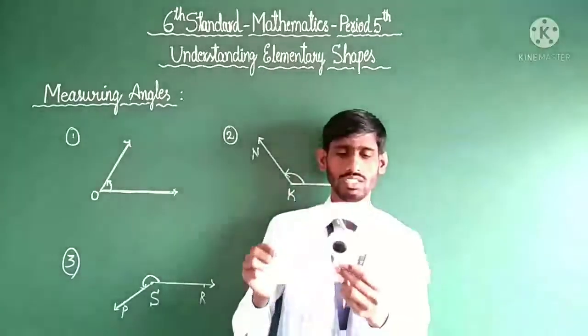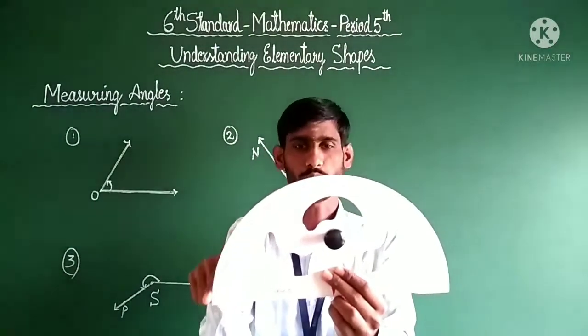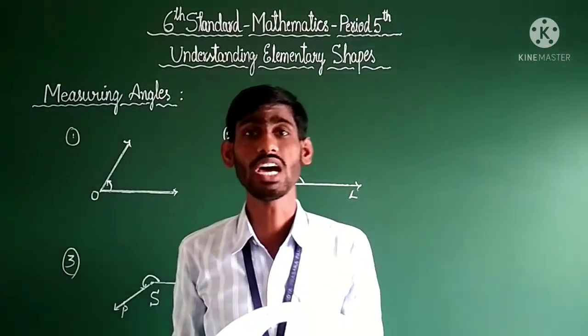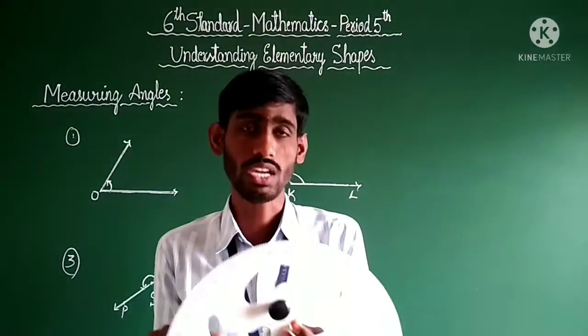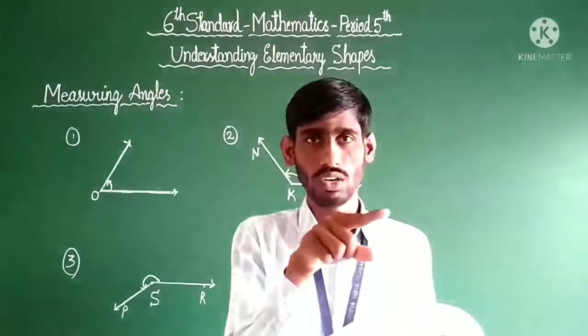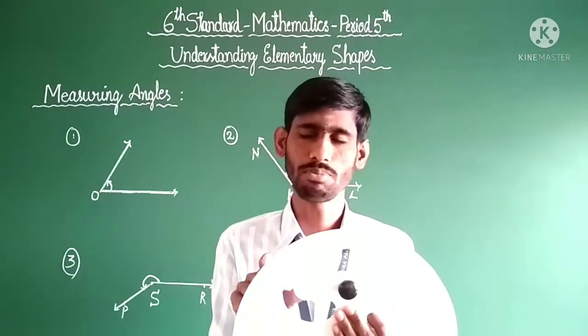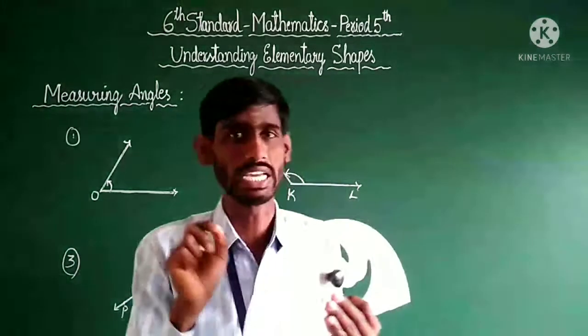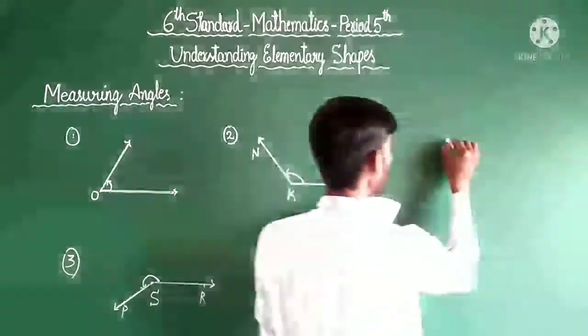Dear children, see, this is the half revolution. The half revolution of a protractor is 180 divisions. It means 180 degree. One complete revolution is 360 divisions. It means 360 degree. Dear children, angle can be measured in degrees.